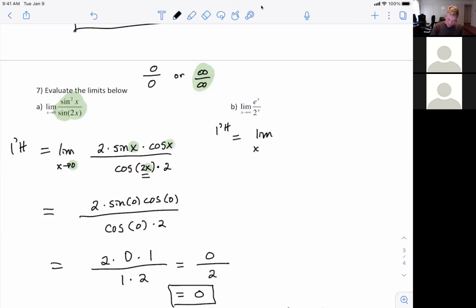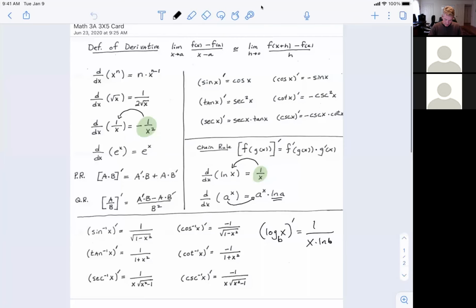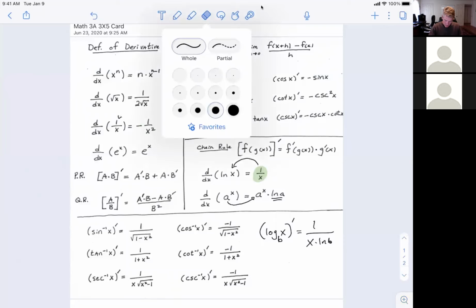So it's still going to say the limit as x goes to infinity, and then on the top, take the derivative of e to the x. That is the easiest derivative there is. The derivative of e to the x is e to the x. And then for the derivative of 2 to the x, let's see, where is that?